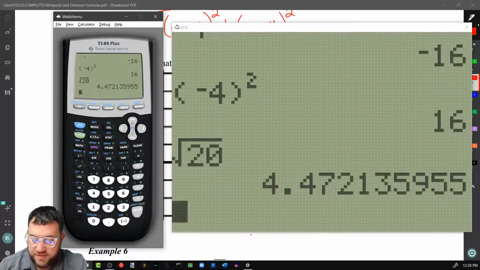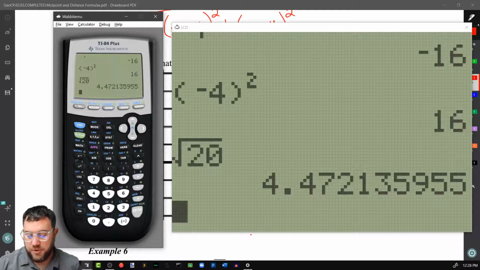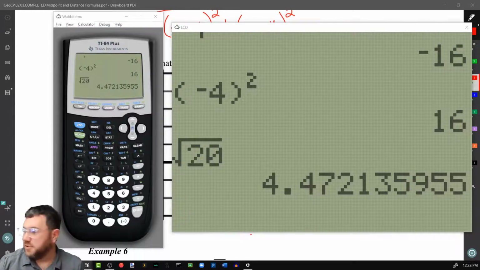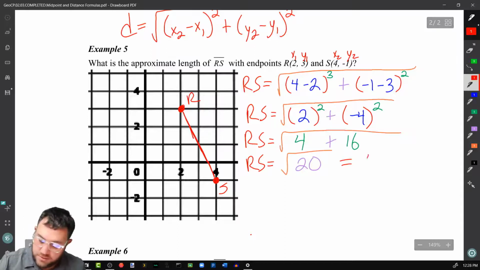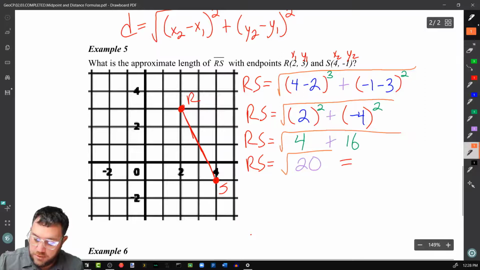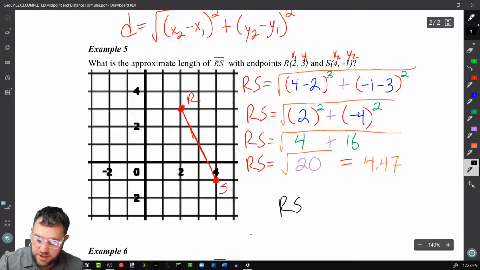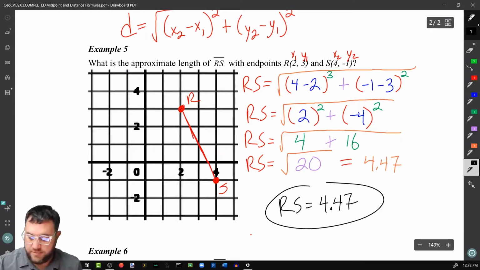So that's going to give us 4 point, and in general do 2 decimal places unless you're told otherwise. So 4.47. The third place after the decimal is 2, so that's less than 5. So we'll leave it at 4.47. So our final answer, RS, equals 4.47.